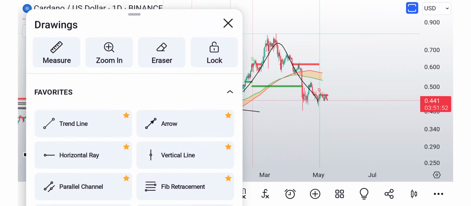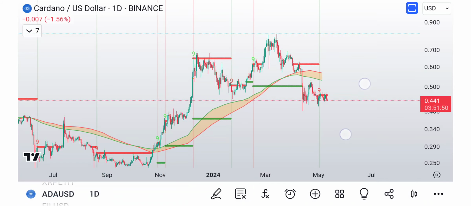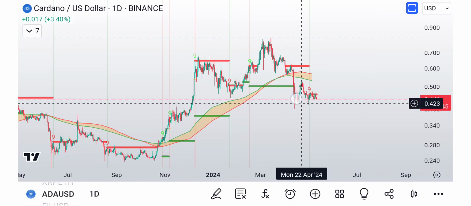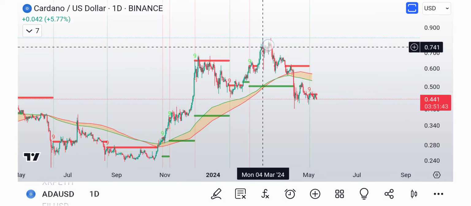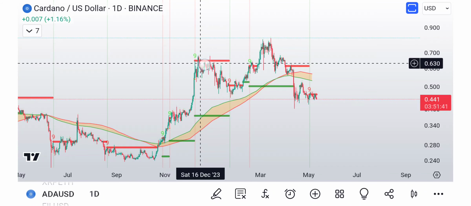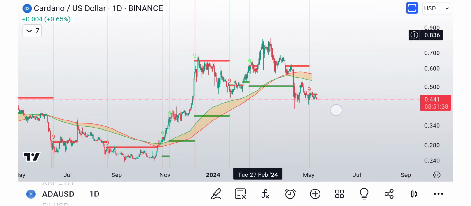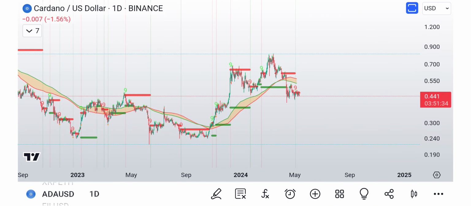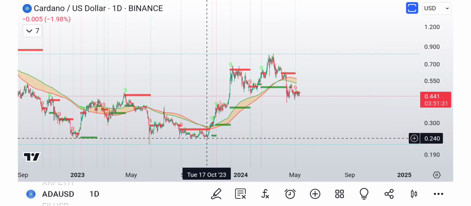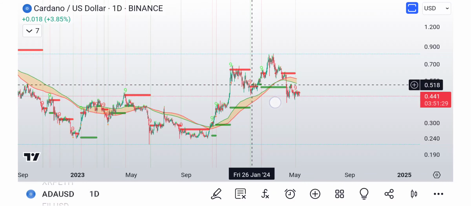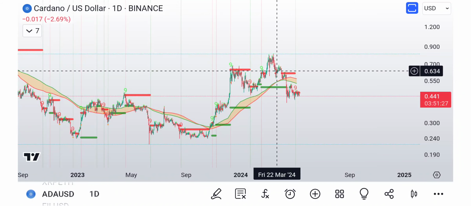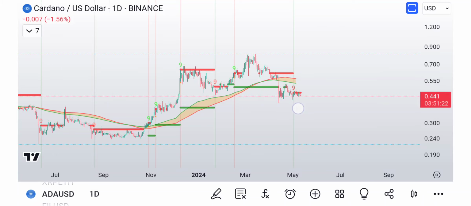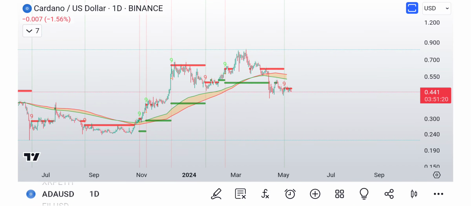So I'm wondering if this is going to turn into an expanded flat, where we have our ABC here. Basically, an expanded flat is a B wave taking out the high in a corrective form. Unless of course this is just a 1, 2, 3, 4, 5. I mean, we do have 5 waves in here, so I wouldn't really say it's an expanded flat too much. But yeah, big decisions coming in.